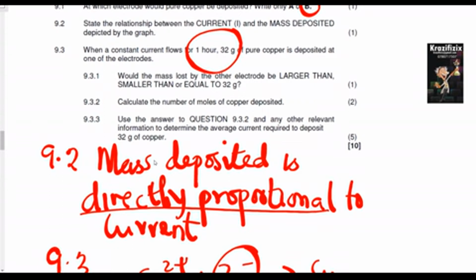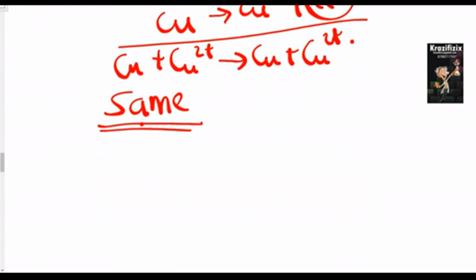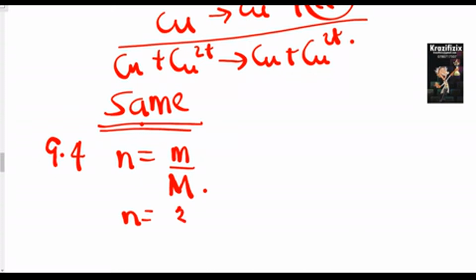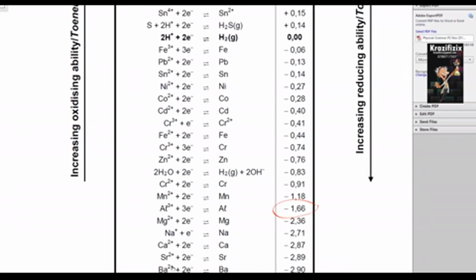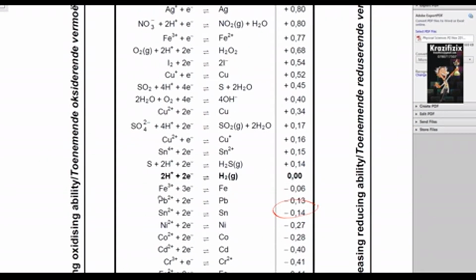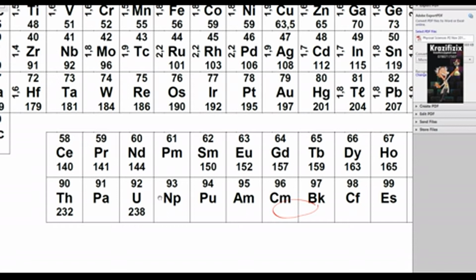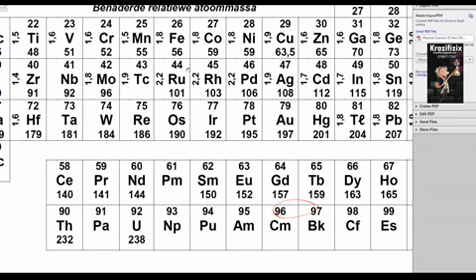Calculate the number of moles of copper deposited. In the question, we're told that 32 grams of copper is deposited. That's a giveaway question there. 9.3.2, what is the number of moles? It is mass over molar mass. We're looking for the number of moles, 32. Now, what is the molar mass of copper? That we can actually get from our periodic table, right?